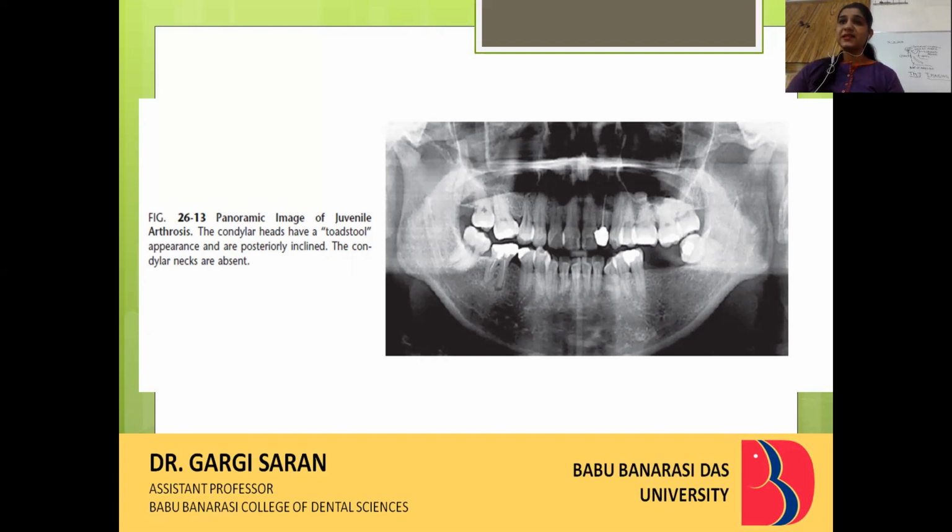This is the toadstool appearance. The condylar necks are absent, and the coronoid is also not very appealing, but we can see flattening of the condyle on both sides. This is very well appreciated in this OPG.